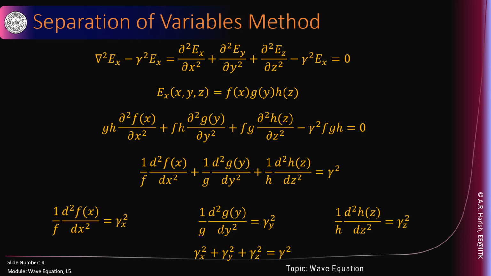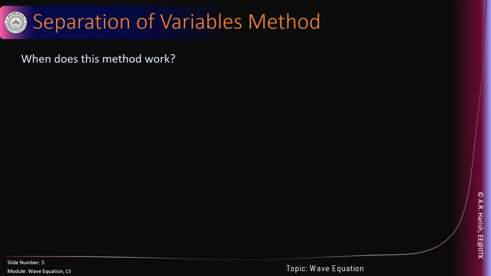There we go. We still haven't answered the question of under what conditions this method of separation of variables will work. Let's answer this question at this point in time. The differential operator must be separable.